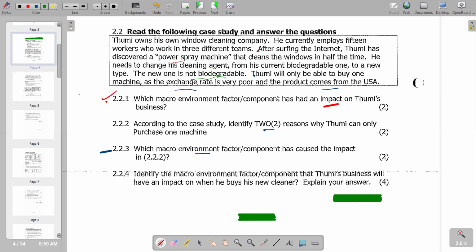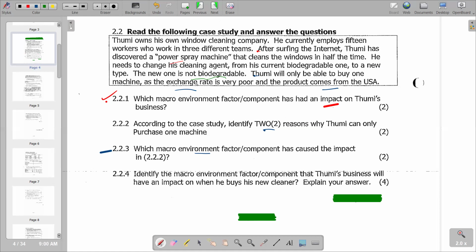Remember the explanation on physical environment again. When we're talking about physical environment, it includes land, air, water, plants, animals, and it also goes beyond that and includes buildings and other infrastructure and all other natural resources.